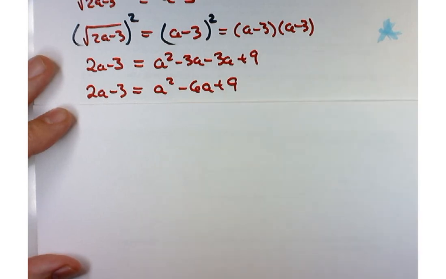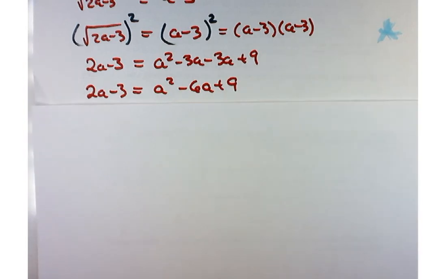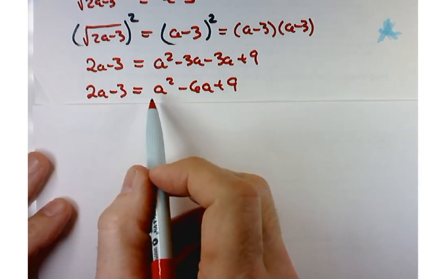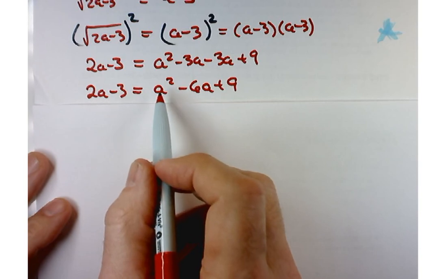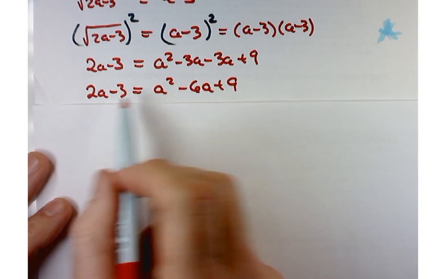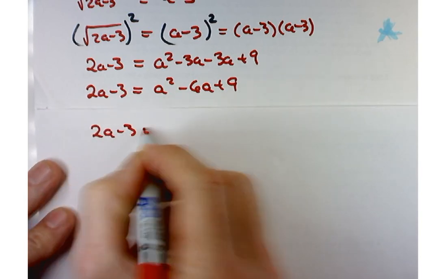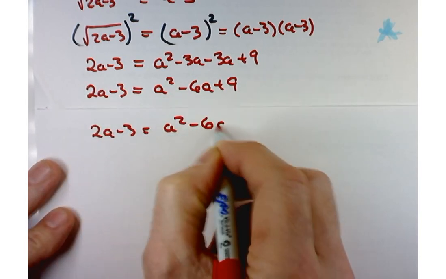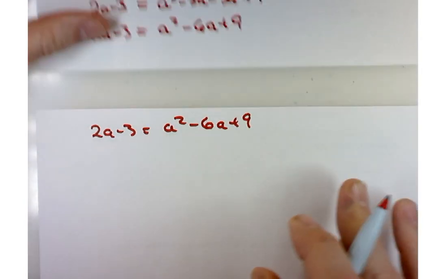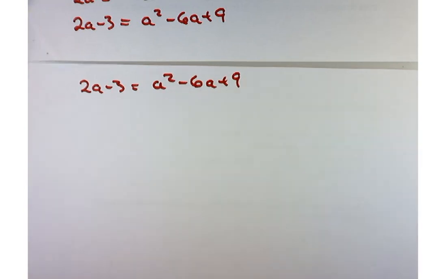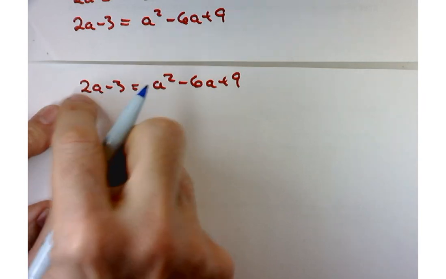What side of the equation do you want to collect the variables on, the left-hand side or the right-hand side? You could do the left, but because I got an a squared over here and it's already positive, I think I'm going to want to move everything to the right-hand side. But you could do the left. Ultimately, the left would probably be a little bit more work, but not a lot. So if I want to move everything to the left-hand side, I want to get rid of the 2a here.